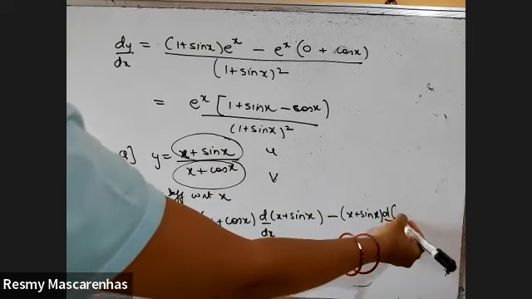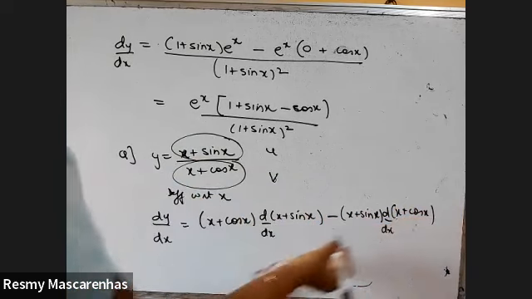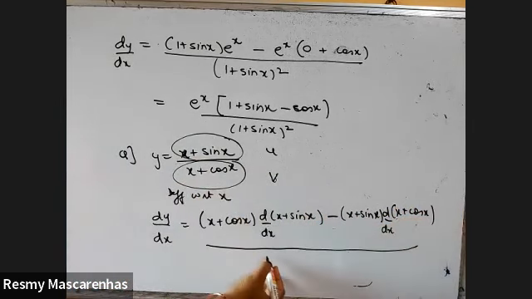Take the derivative of the denominator, upon v square.